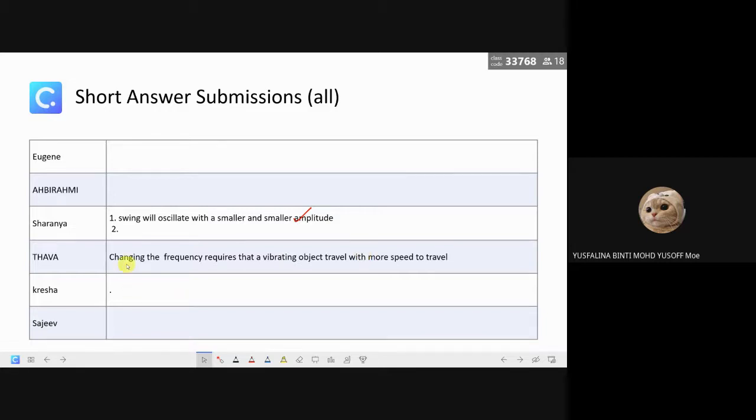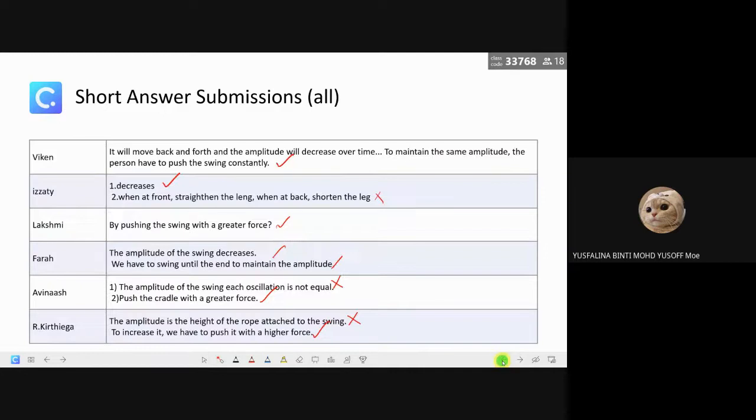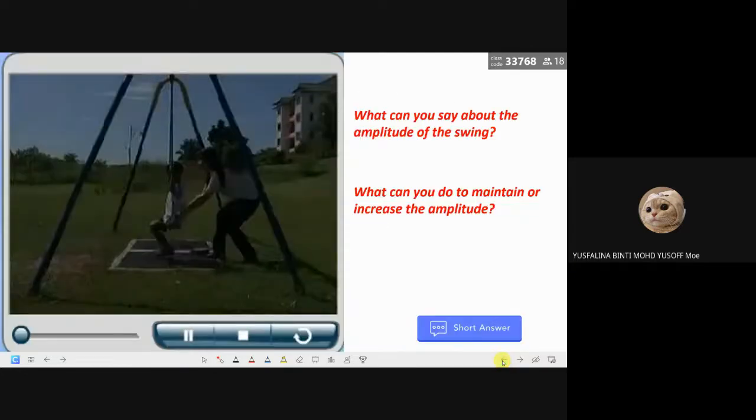To me, if you want to change the frequency, you have to vibrate the object with more speed, is it? But for damping oscillation, the frequency is actually constant. For damping oscillation, the frequency is constant. The only thing that changes is the amplitude. So we will see about that. Okay, let's continue.